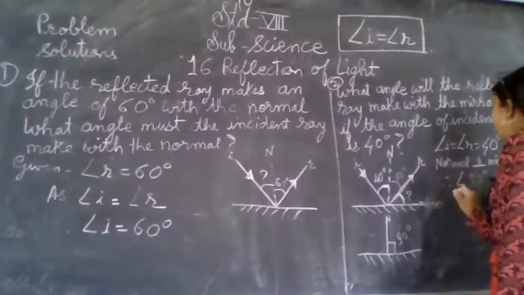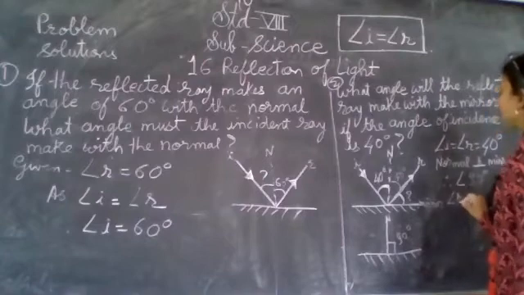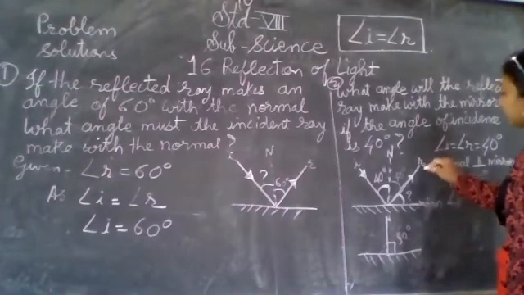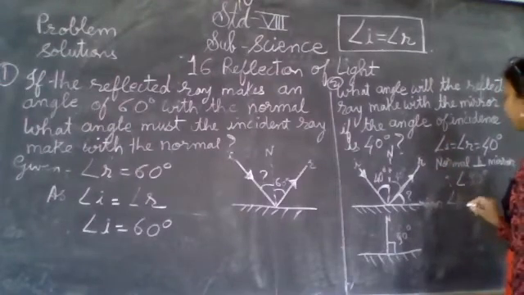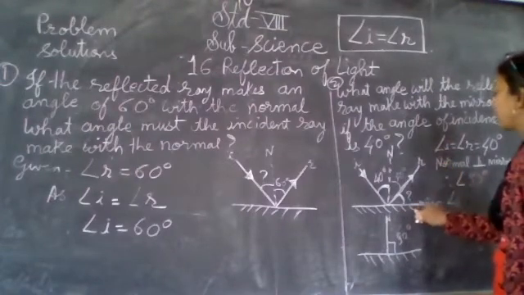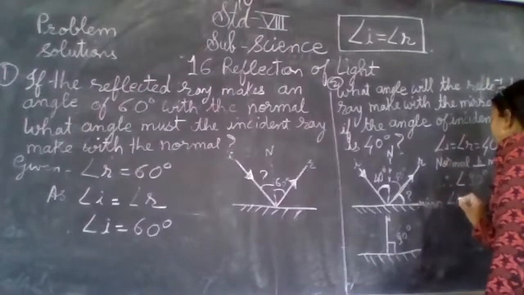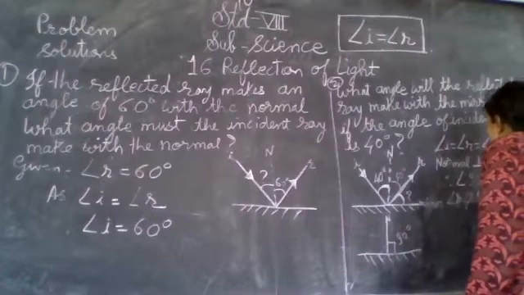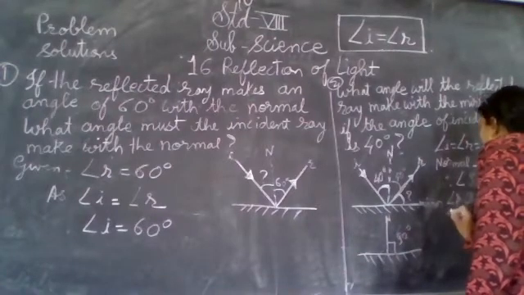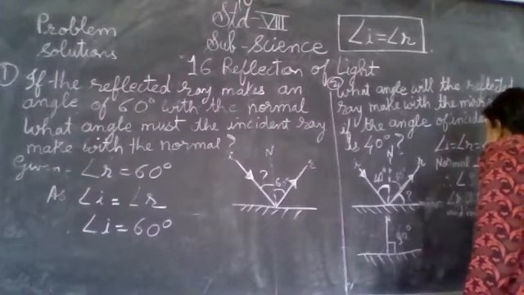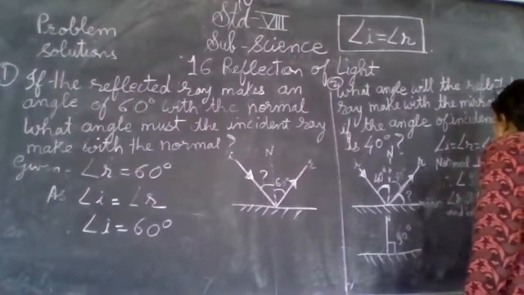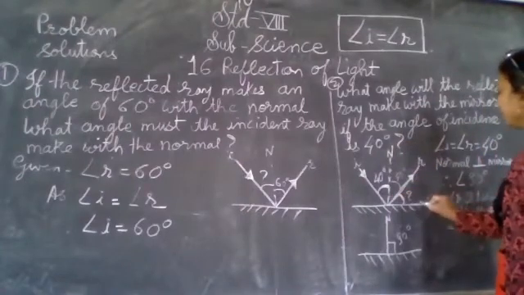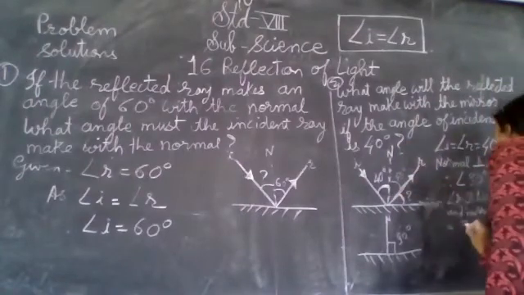And if I want to find out the angle of the reflected ray and the mirror, the angle that is formed between the reflected ray and the mirror, what will I get? 90 minus 40.